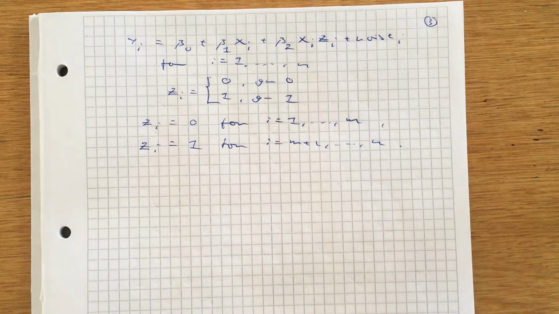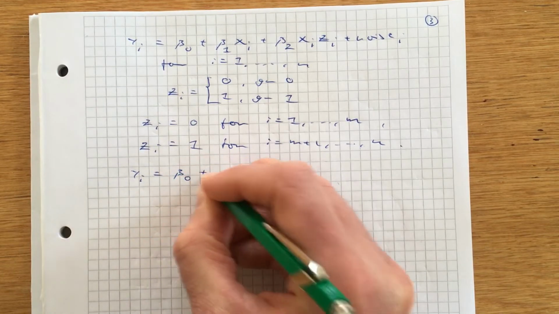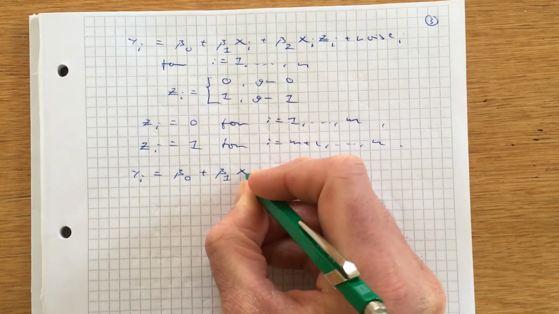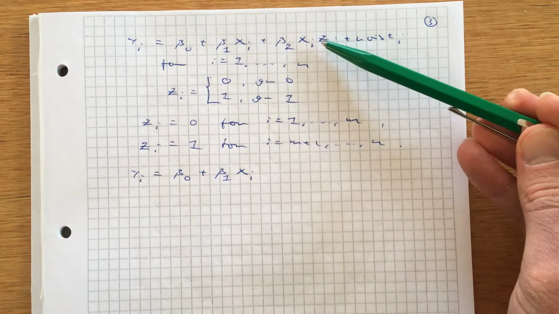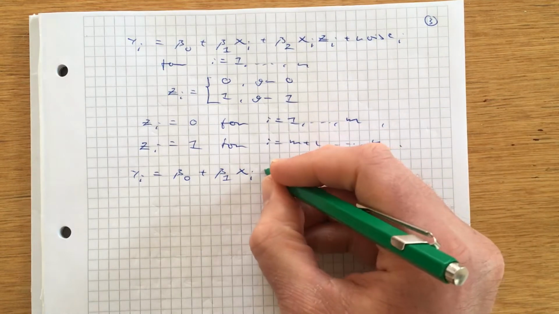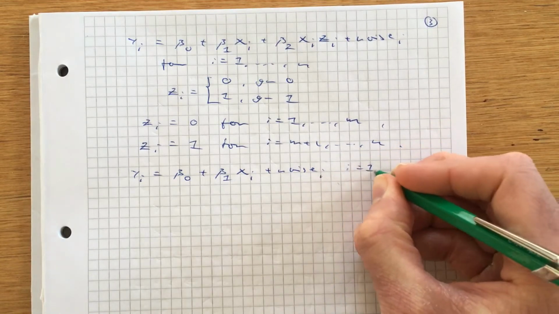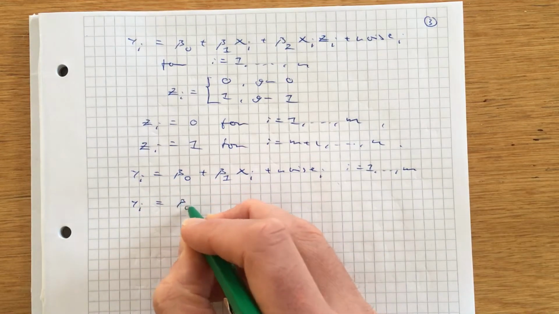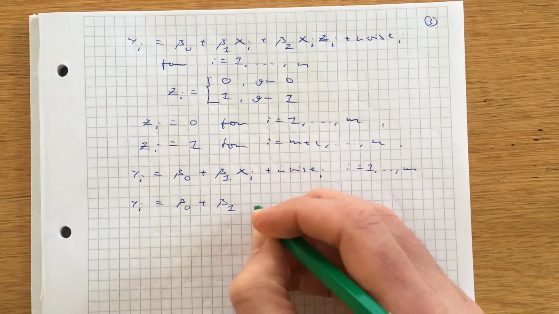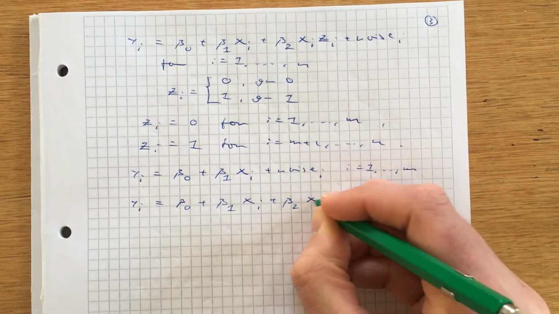Okay, so then now we can write this model as yi equals beta 0 plus beta 1 xi, and let's say that now the i's are for group 0, so now zi is 0, so then it is plus noise i for i 1 to m, and then for group 1 we have this model: beta 0 plus beta 1 xi plus beta 2 xi times zi.